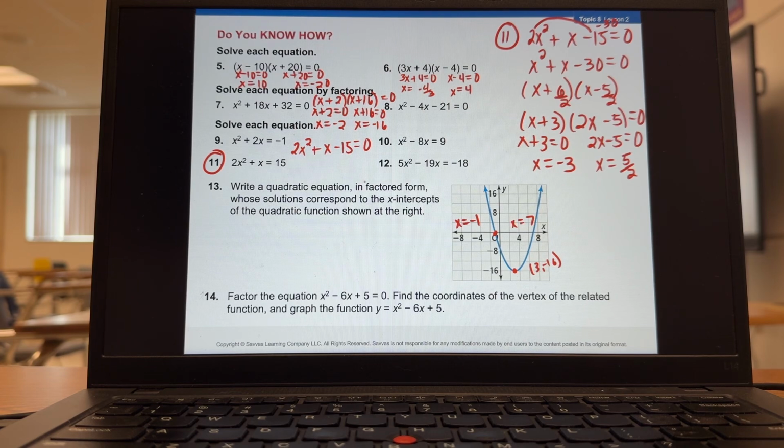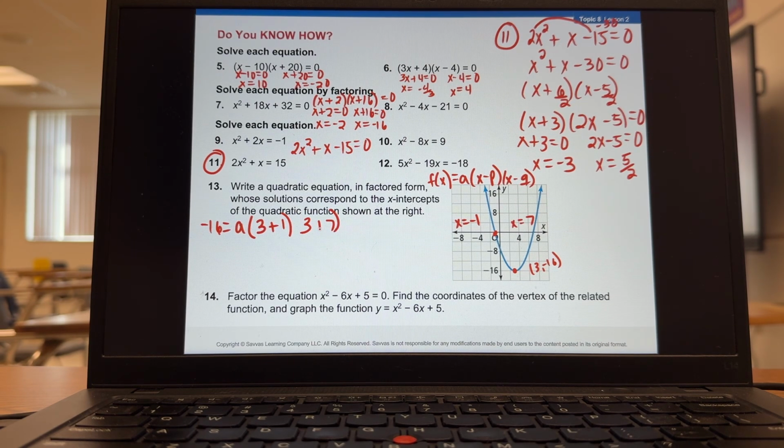So I'm just going to go straight and put it into factored form, which is f of x equals a times x minus p and x minus q. So f of x is negative 16 equals a, what I'm trying to find, times 3 plus 1, times 3 minus 7. Oops, sorry, minus 7.